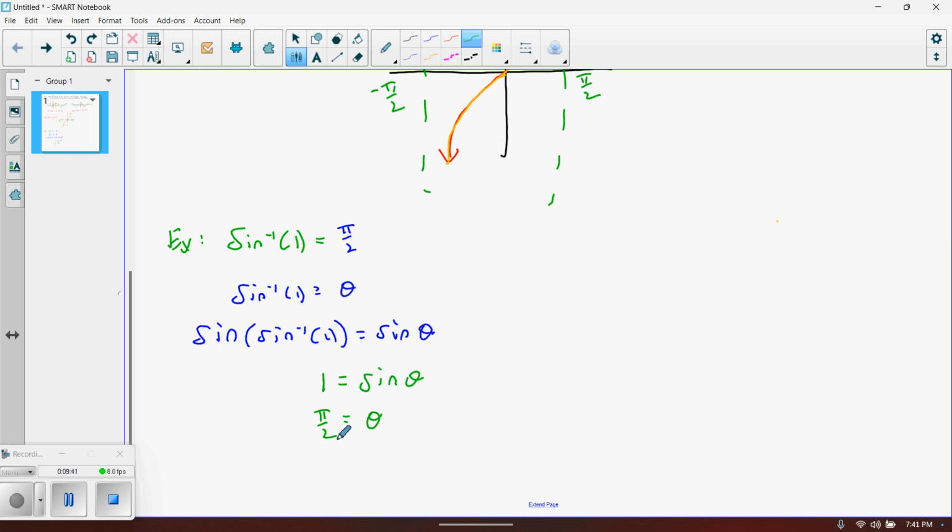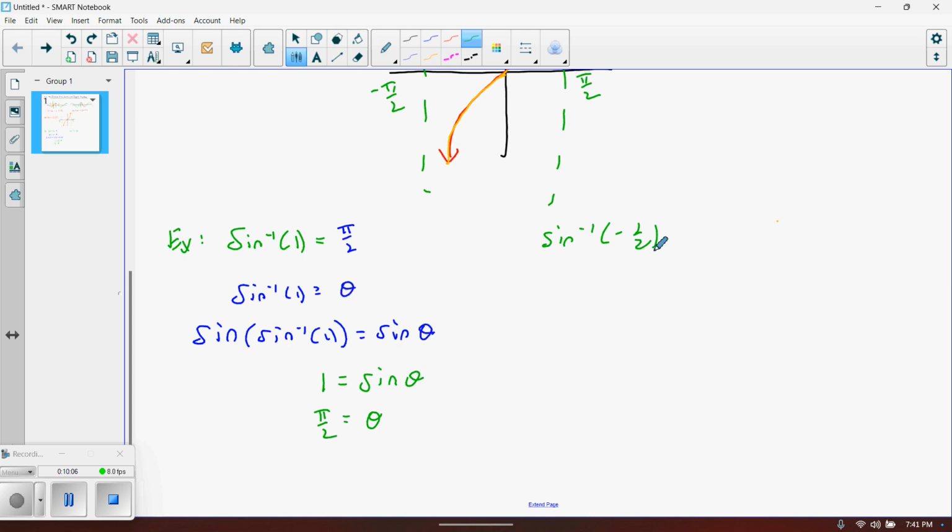Just remember that it is restricted. That's the biggest thing. Sine, cosine, and tangent have restrictions on their answers: between negative pi halves and pi halves for sine and tangent, 0 to pi for cosine. So let's say we wanted to find the inverse sine of negative 1/2.